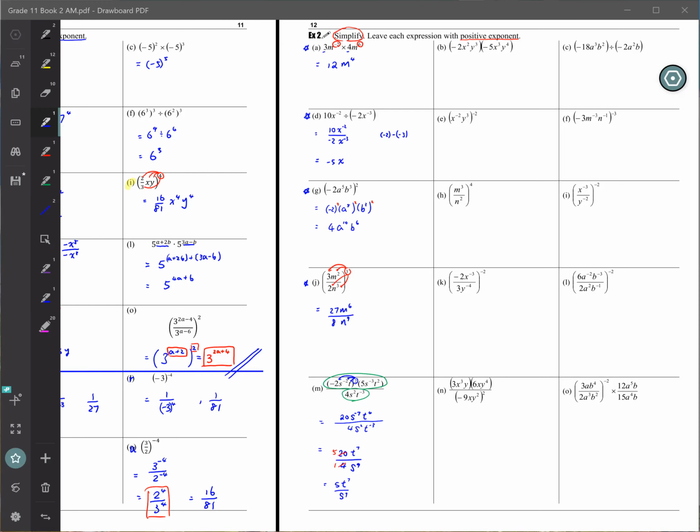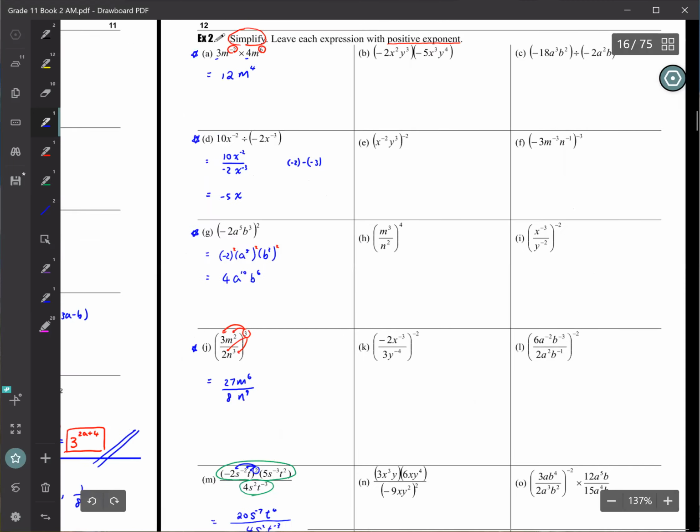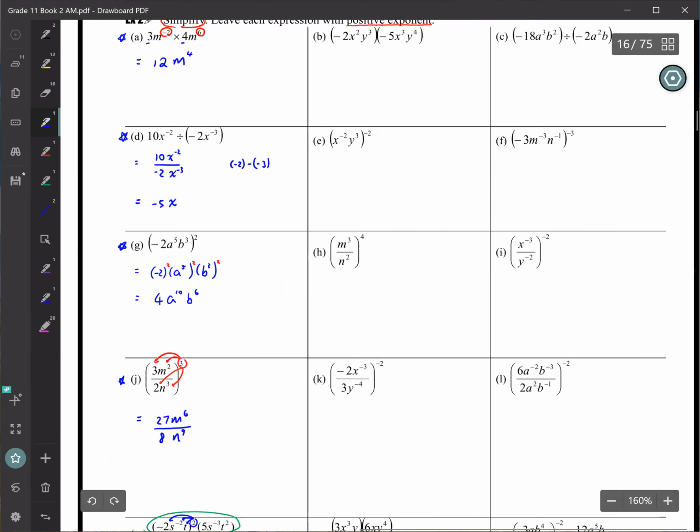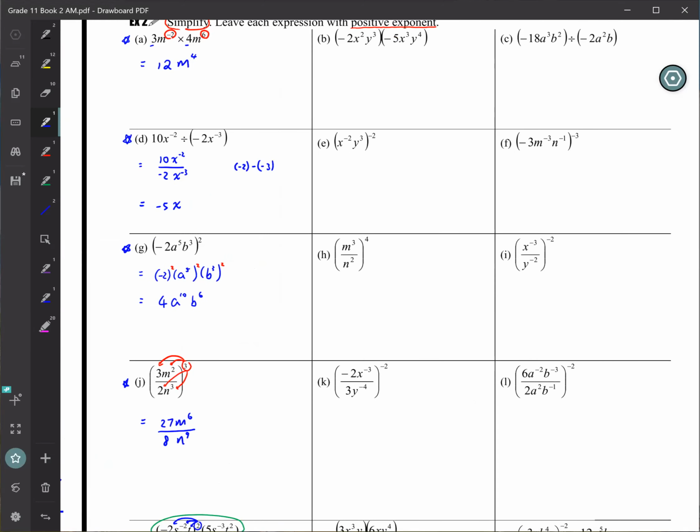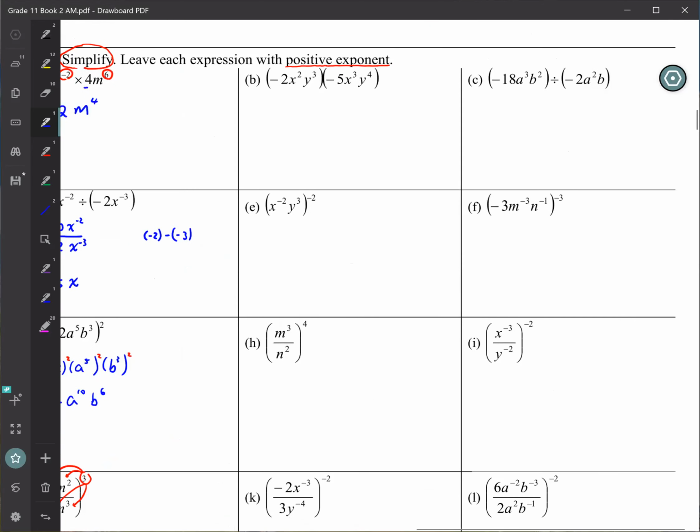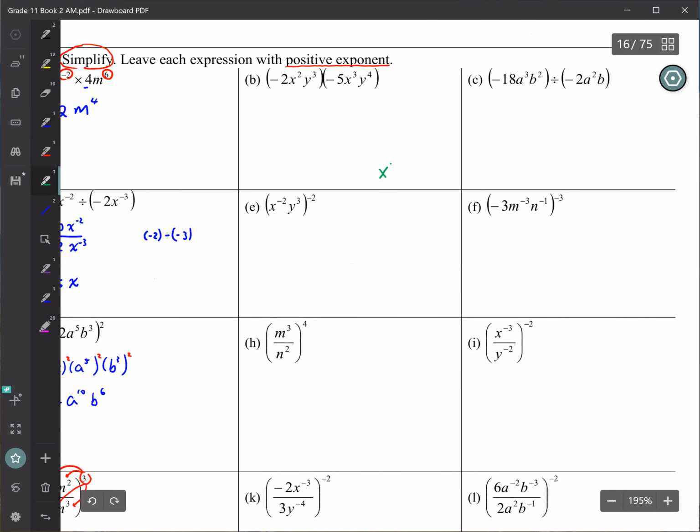Right, so let's get some answers for the first few questions first. Question B. Sarah, what's your answer for B? X to the fifth power, y to the seventh power. Oh, 10 at the beginning.